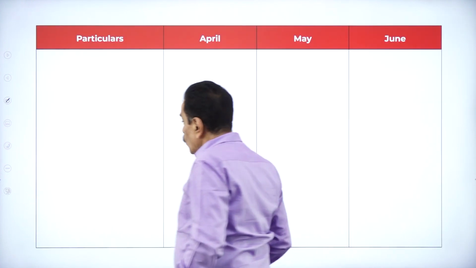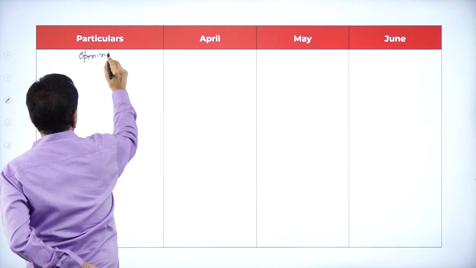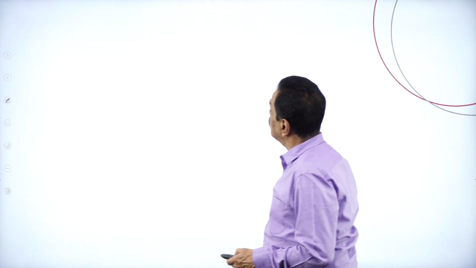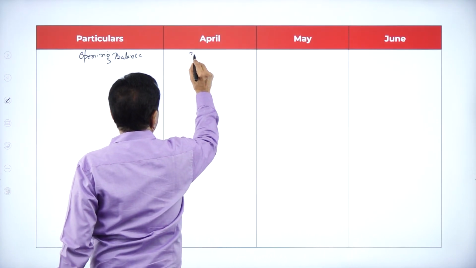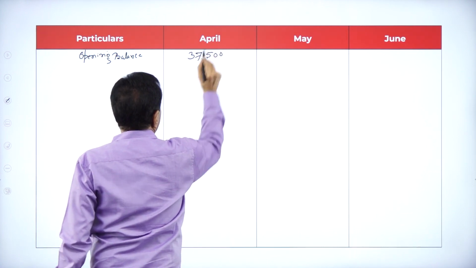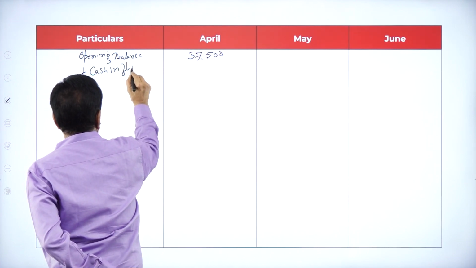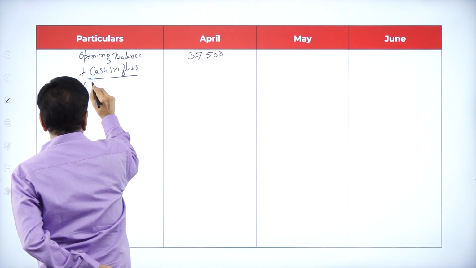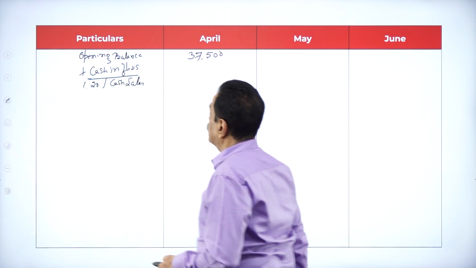We'll go to the problem. Opening balance 37,500. Plus cash inflows. 20% cash sales.